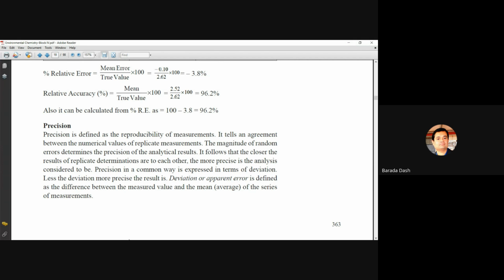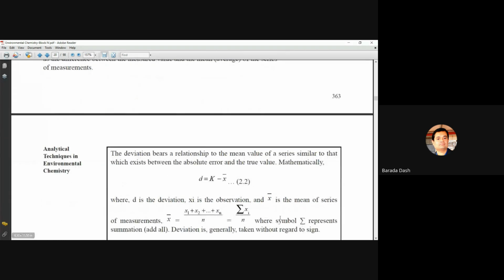Precision is commonly expressed in terms of deviation. Deviation means how much it is deviating. Deviation or apparent error is defined as the difference between the measured value and the mean average of the series of measurements. So this is about precision.